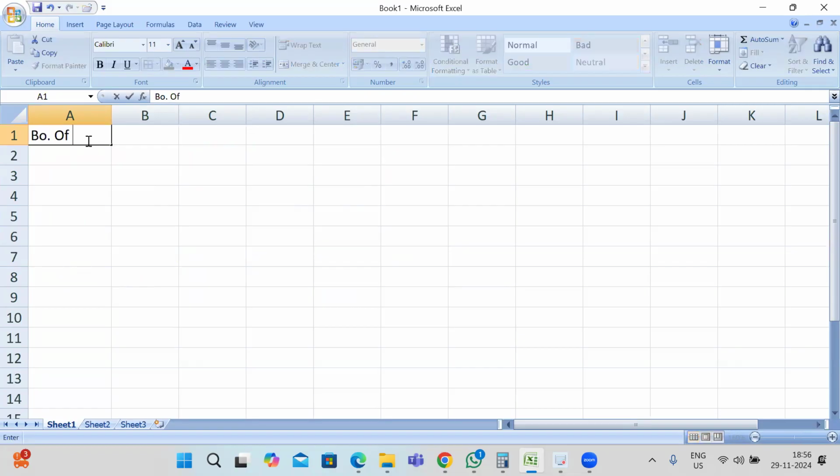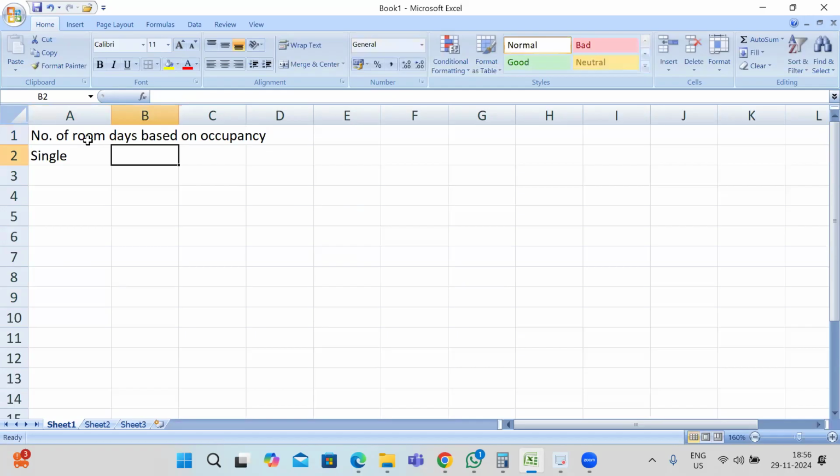For single rooms, 200 into 365 days in a year, and the occupancy rate they have mentioned is 80 percent.